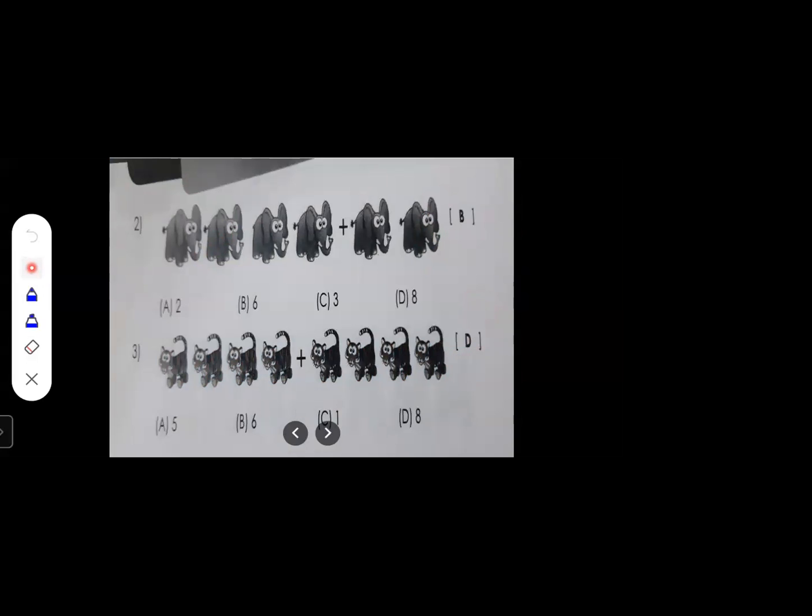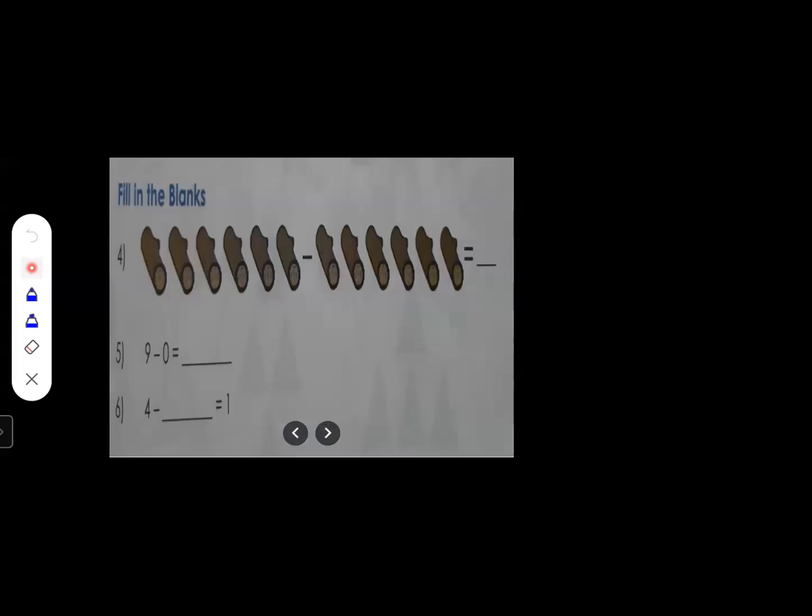Okay. Now the next one. What is written over here? Fill in the blanks. What do we have to do? Which sign do you see over here? Minus, right?